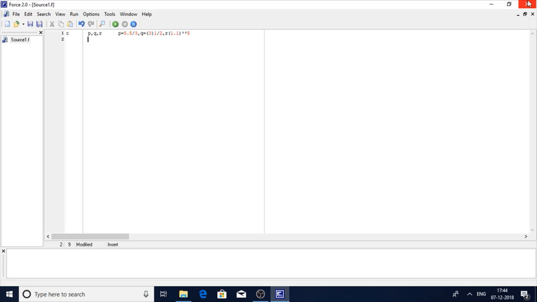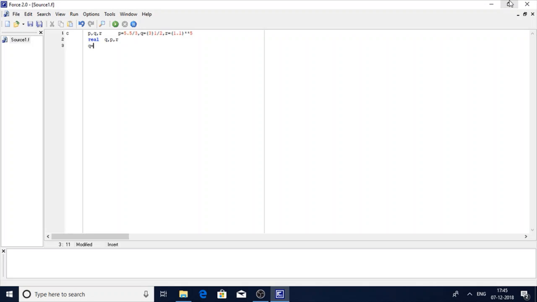Let me first write real, since I cannot say whether this will be integer or floating. You can say that 1.1 is a floating number, a float number. So you have to at least put R in real part, real. I will do this with these three elements.